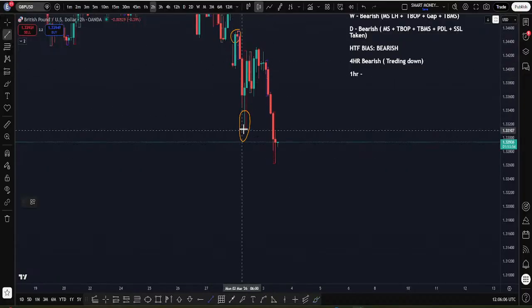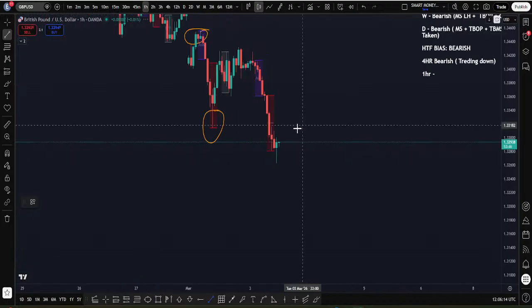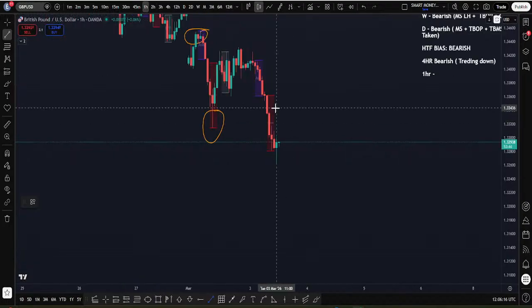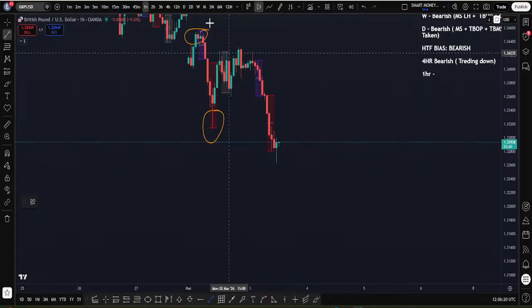I'm holding to a bearish bias, and I'm looking at the 1 hour continuing that move, unless price decides to do something completely different.